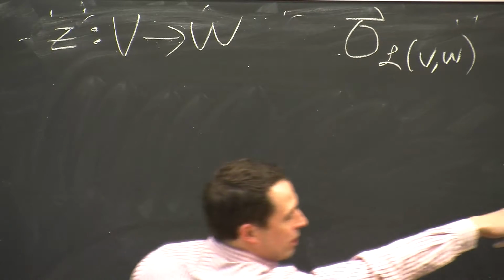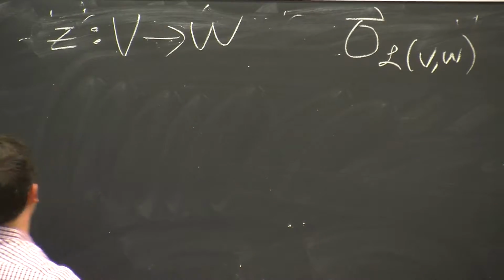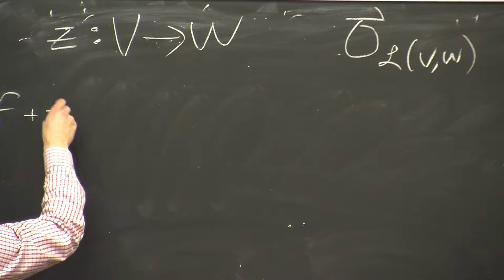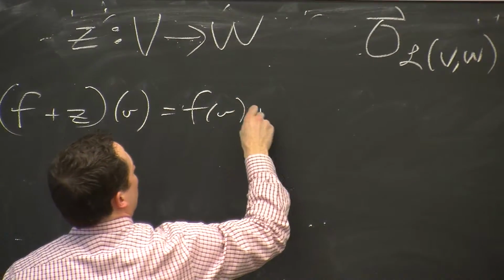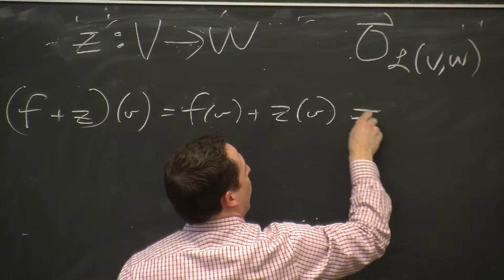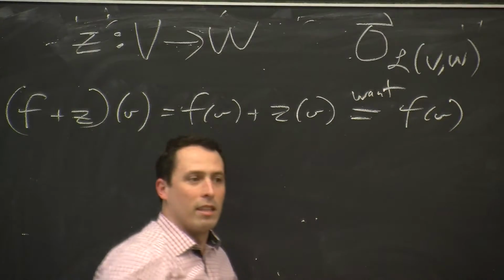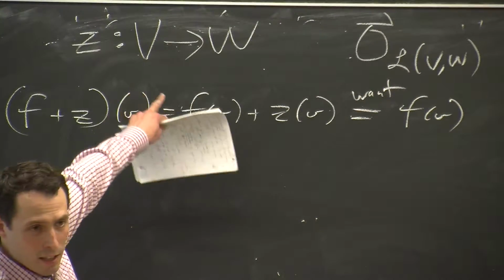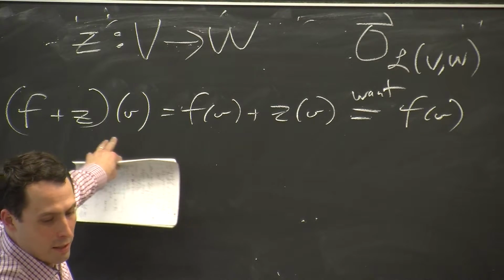So we know from addition what property we want it to satisfy, right? We want (f plus z)(v) equals f(v) plus z(v), and we want that to be equal to f(v), because then adding this thing is the same as the identity. It gives me back what I started with.